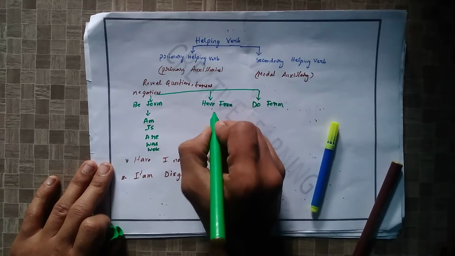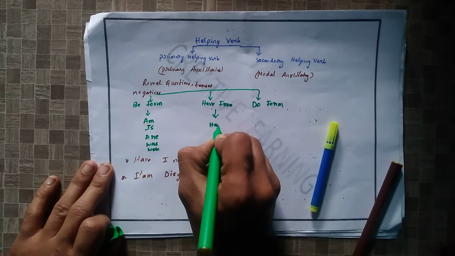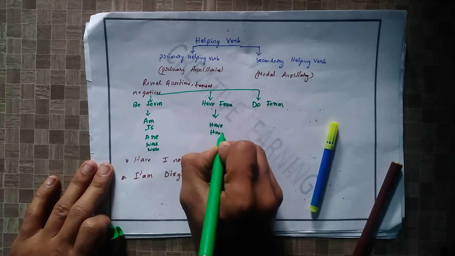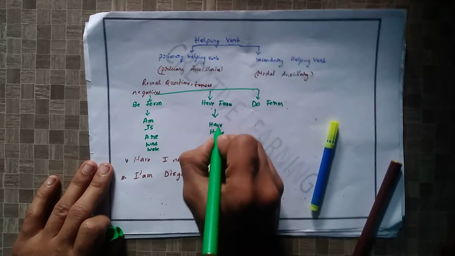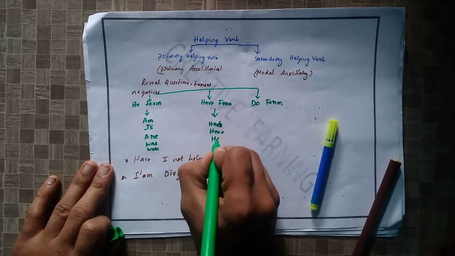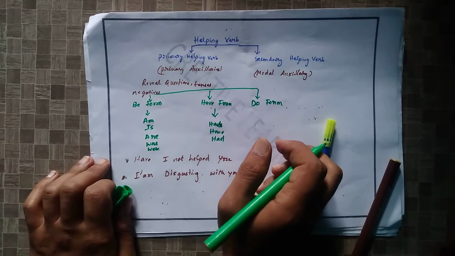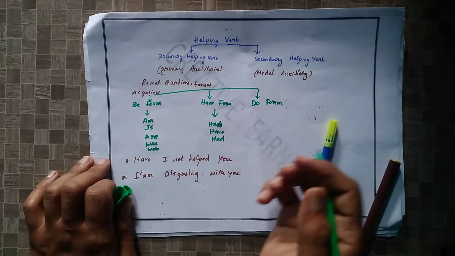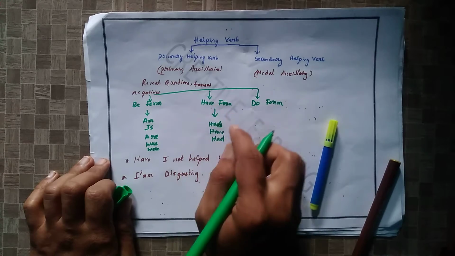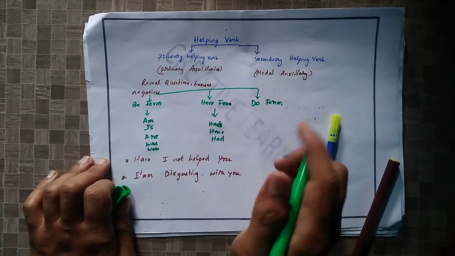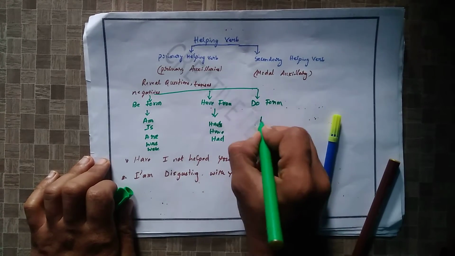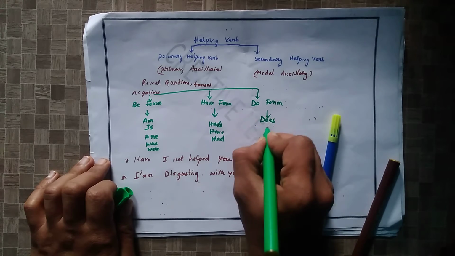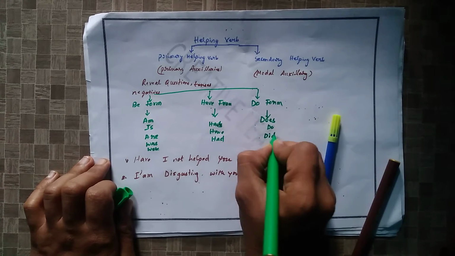In have form, we have to use have, has, had. In singular or plural, by noting the singular or plural person, we use the be form, have form, do form. Next, in do form, does, do, did.